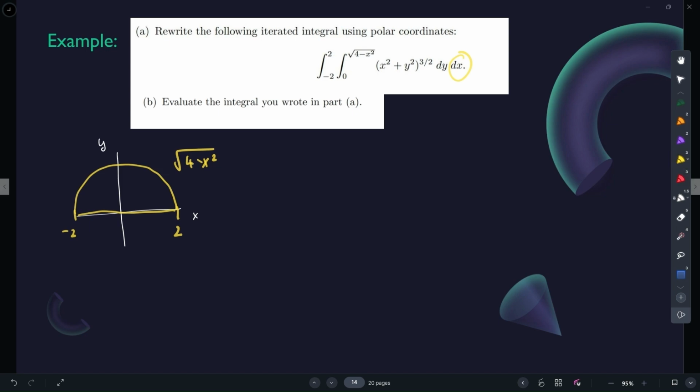I know that that is a semicircle because y equals the square root of 4 minus x squared. If I square both sides, I get y squared is 4 minus x squared, which is equivalent to x squared plus y squared equals 4. So it's a circle of radius 2. So the region I'm integrating over is this region.